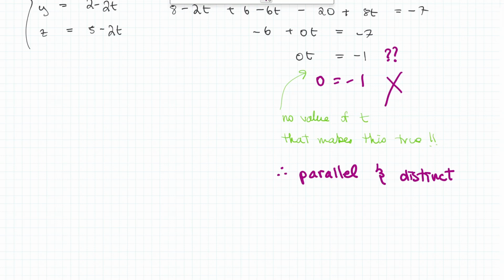If you have 0t equals some other constant, then that would mean that there is no solution, therefore parallel and distinct. And if everything works out and you get a value for t that works, then you do truly have a point of intersection, and you can sub that into your parametric form to find the coordinates for your x, y, z, which will be your point of intersection.